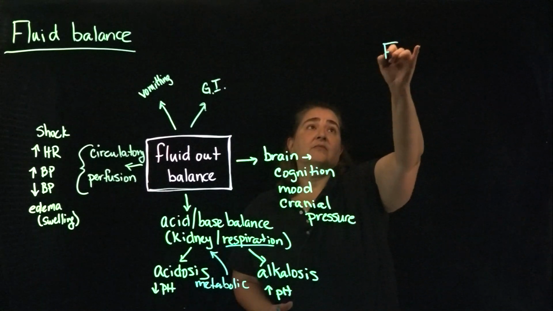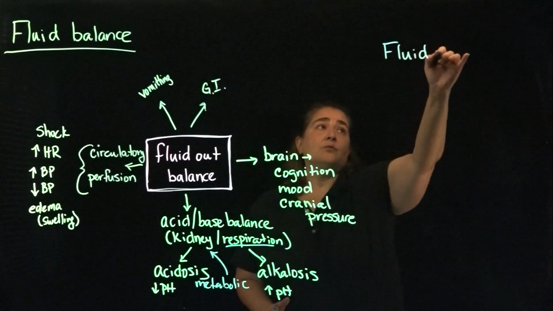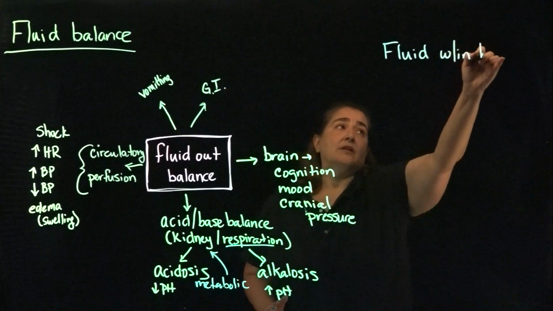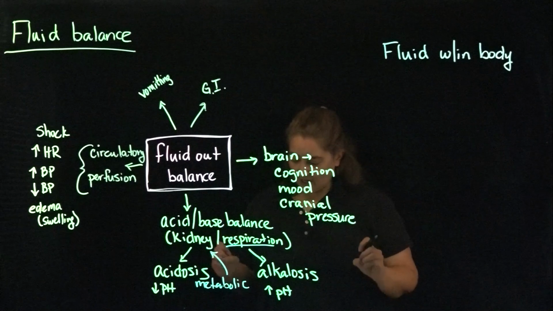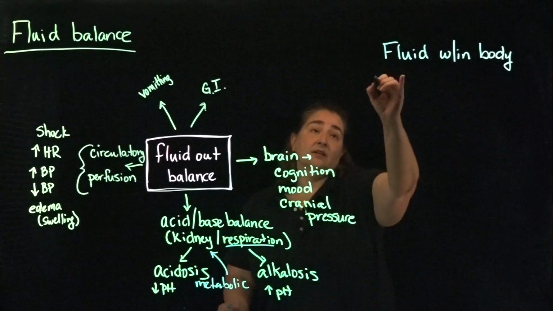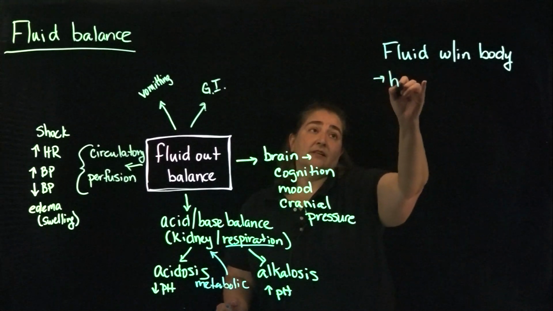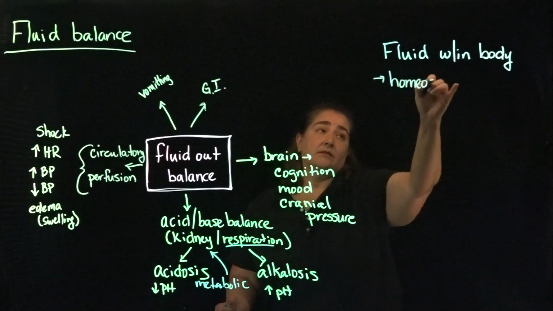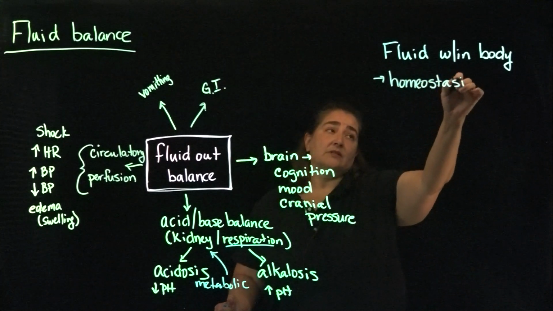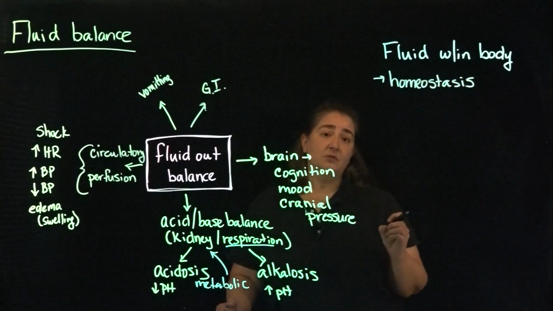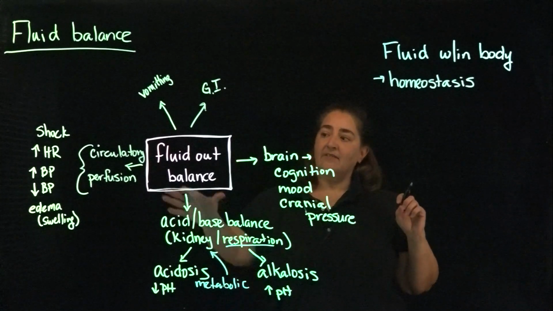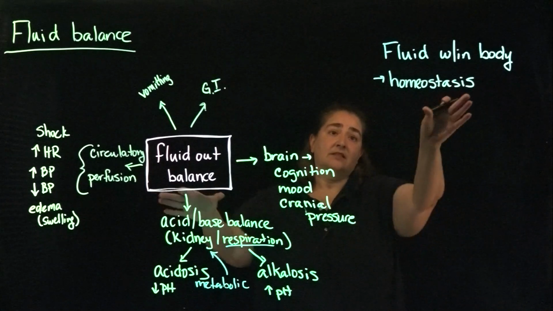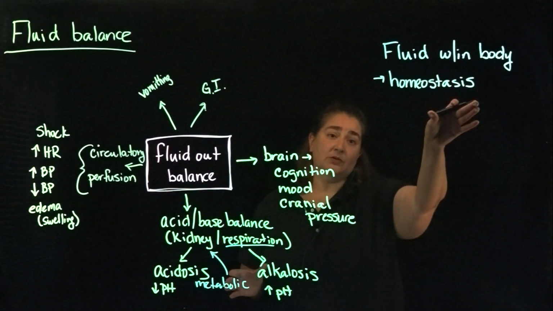So fluid within the body is regulated by homeostasis. This unit is really going to focus on how having something go out of balance impacts overall homeostasis within the body.